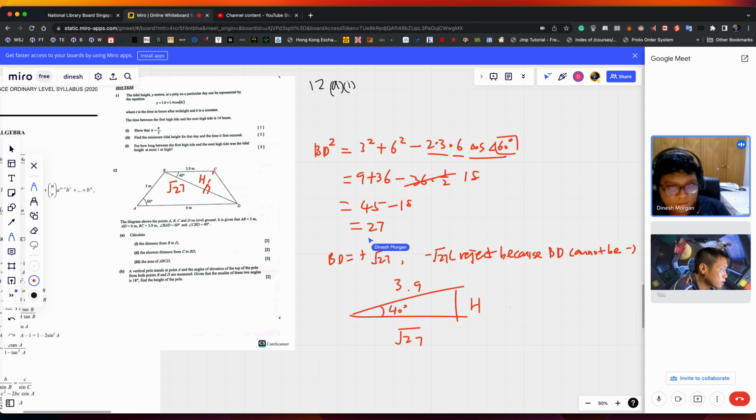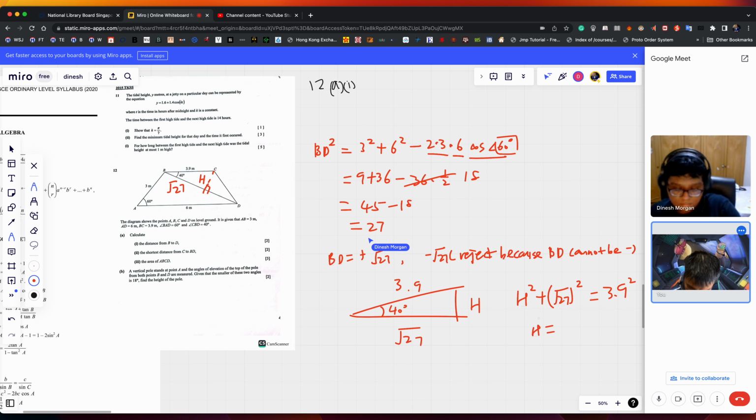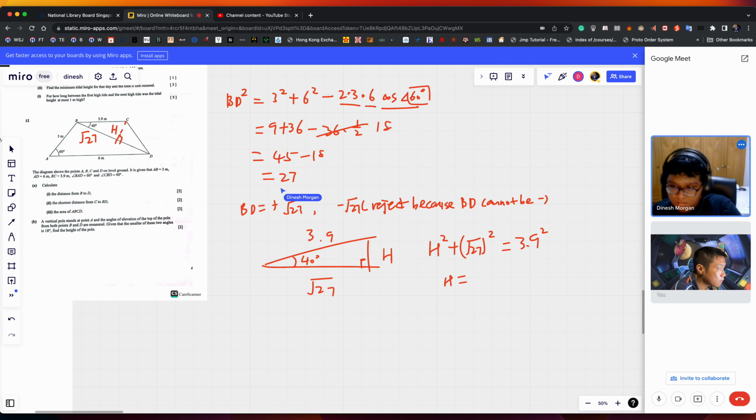Tangent 40 is h over 3.9. Yes, or you can use Pythagoras theorem. I prefer Pythagoras theorem. 3.9. Can you help me out? What's h? It's the square root of 3.9 square minus 27 square.